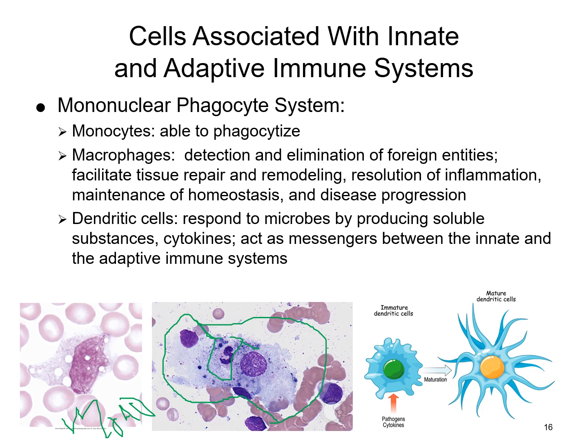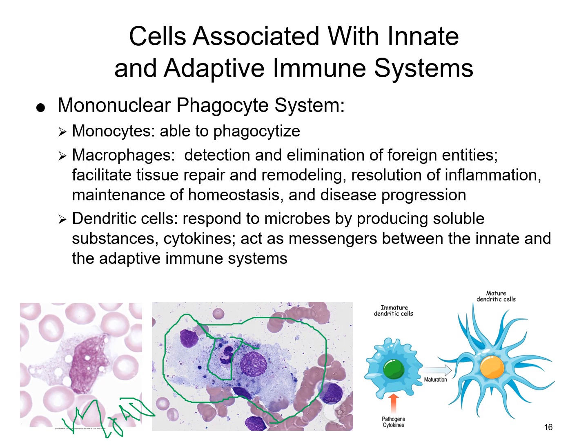And so your macrophages are responsible for the detection and elimination of foreign entities. They facilitate tissue repair and remodeling, resolution of inflammation, maintenance of homeostasis, and you can see them within disease progression. So with these cells, you're going to kind of see them outside of the circulating system, although you can sometimes see them in the peripheral blood.